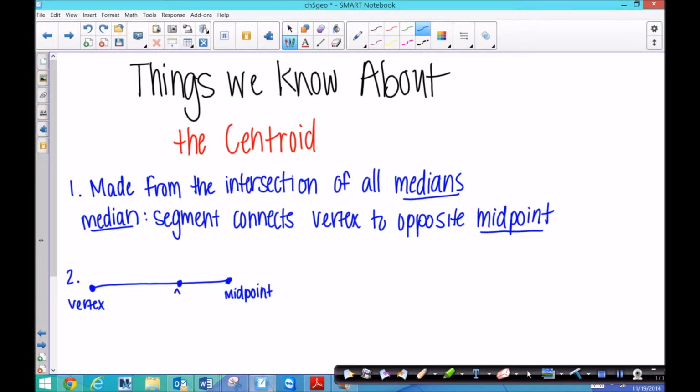Then our centroid is going to divide this up into a short part and a long part. So once that happens, we have two formulas that are going to come in handy as we continue with our lesson.